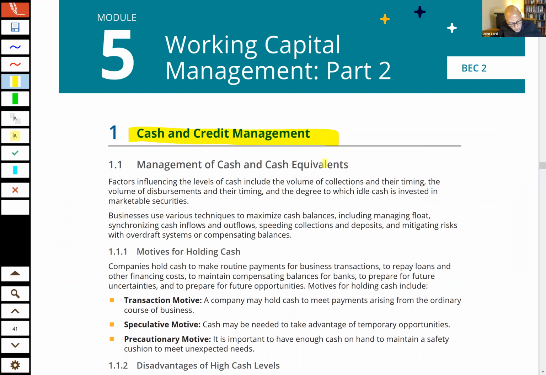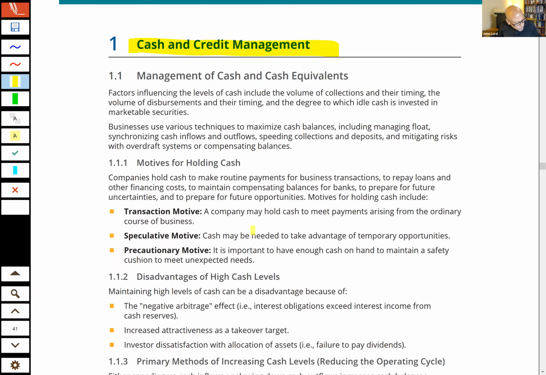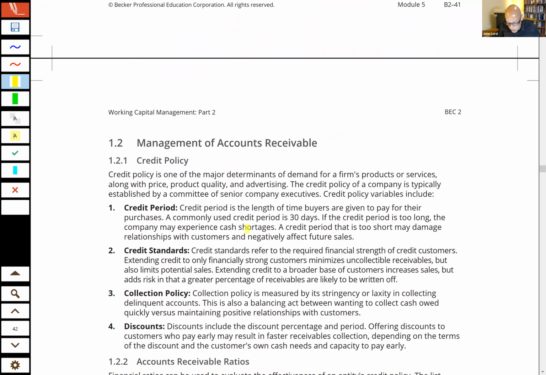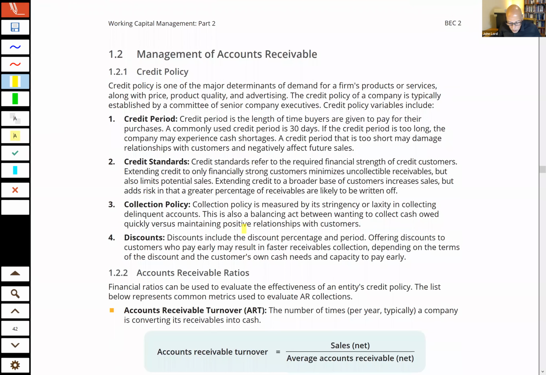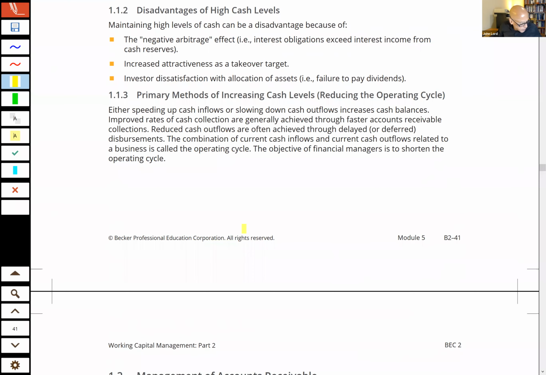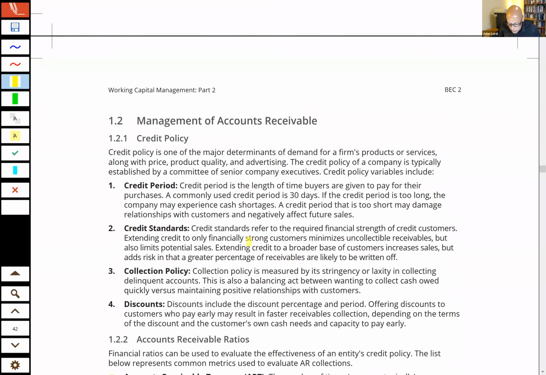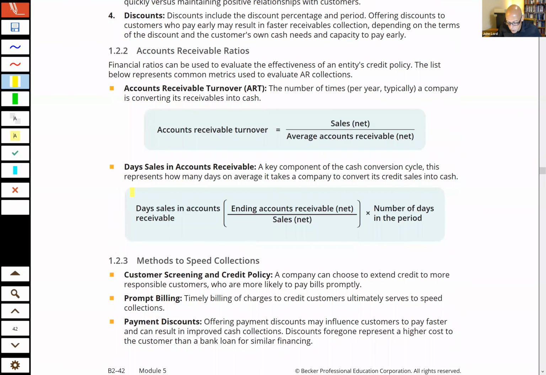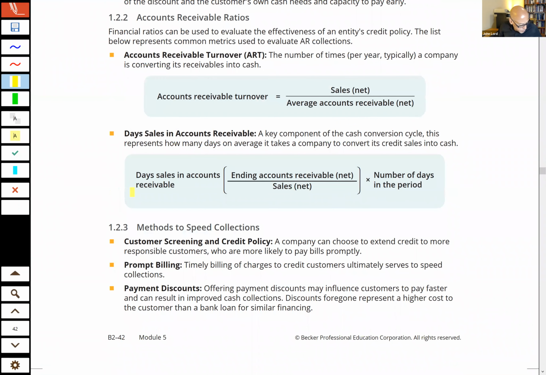Now you have a couple of accounts receivable ratios that we've already talked about, guys. I'm not going to repeat those here. We've already talked about the accounts receivable turnover and days in accounts receivable. Just know I want you to flashcard those, right?